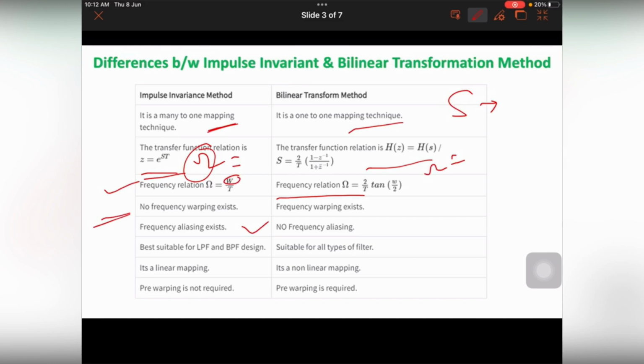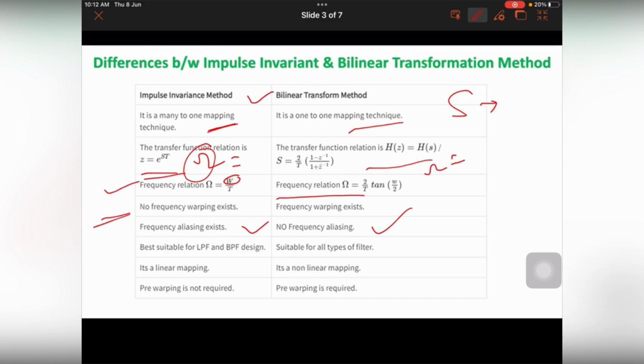Therefore, the chance of aliasing is more in the impulse invariant method. To overcome aliasing, the better method is bilinear transformation, where we can avoid the effect of aliasing. Aliasing is nothing but the overlapping of signals.